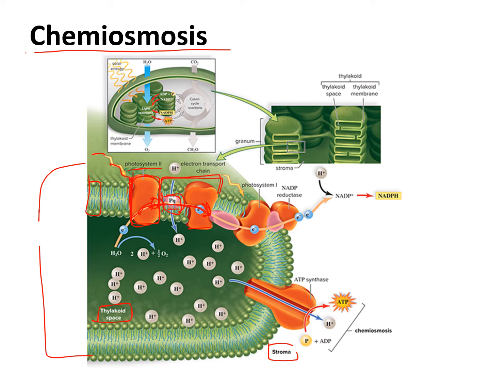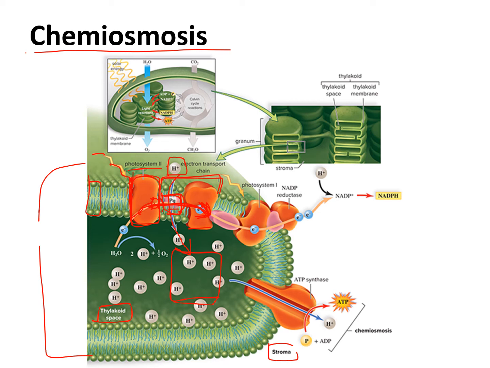And remember, active transport is where a protein carrier is required to transport molecules from an area of low concentration to an area of high concentration. So as the electrons are transported along the electron transport chain, this gives the PQ enough energy to transport hydrogen ions from the stroma, which has a low concentration, to the thylakoid space, which is going to have a high concentration of hydrogen ions.